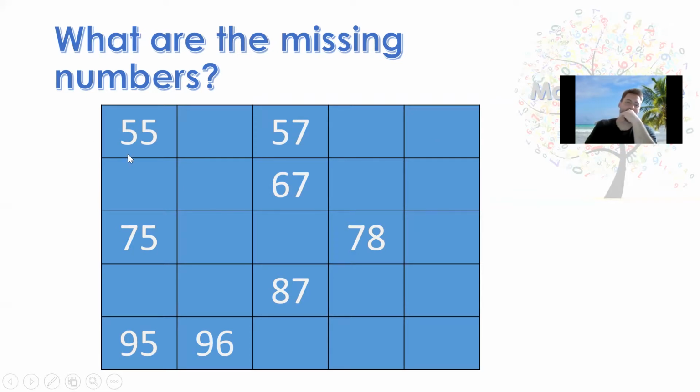You should notice that there's a pattern that these numbers all end in 5. So they're going up in tens. So this should be 65. This should be 85. Right? So it should be 65, 75, 85, and then you go up in ones going across.